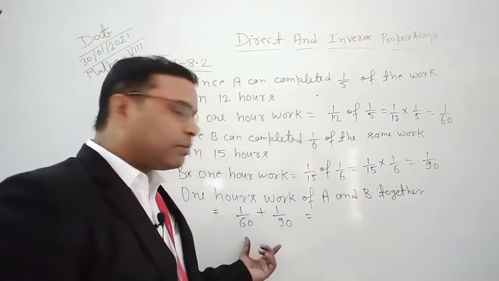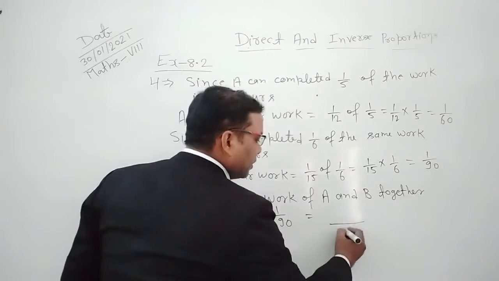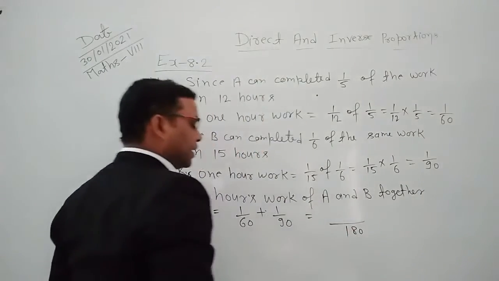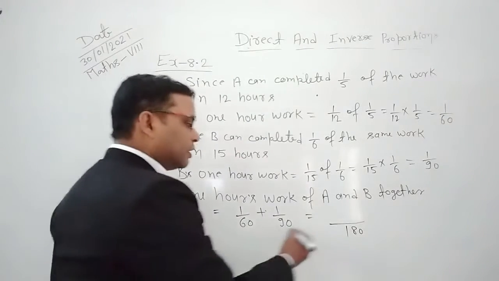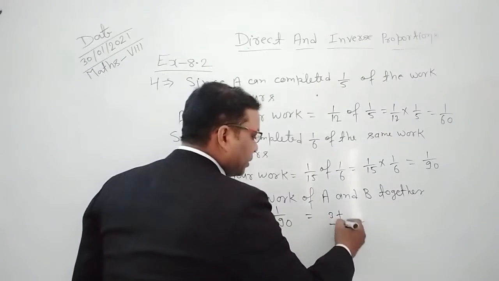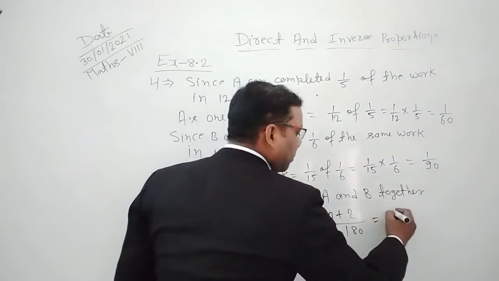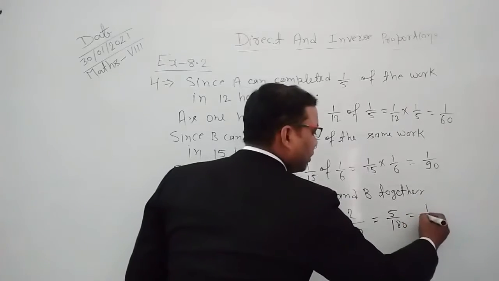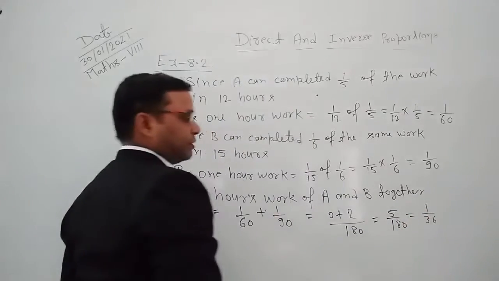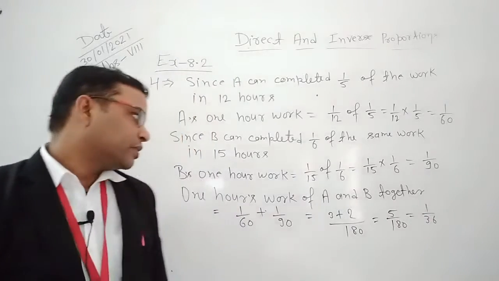The LCM of 90 and 60 is 180. So here 3 times, then we get 3, plus here 2 times, we get 2. We write here 5 by 180. If you simplify, then you get 1 by 36.